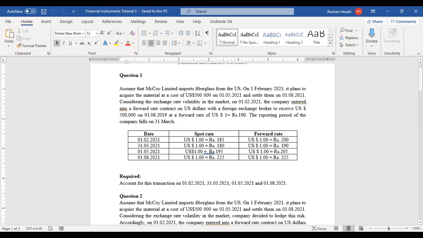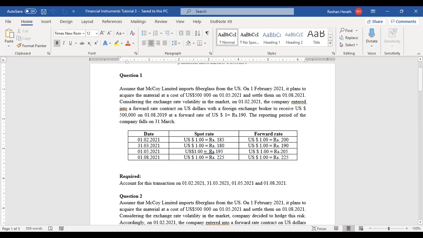So today you are on 1st of April 2021, and you plan to acquire the materials in 3 months time and settle them on 1st of August 2021. So for the settlement, you have some time.